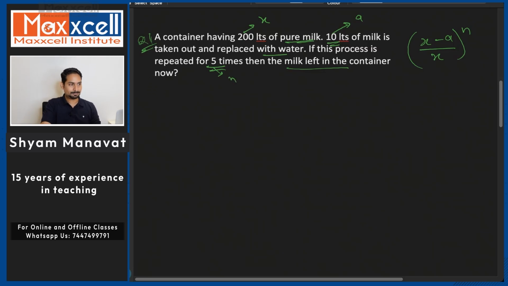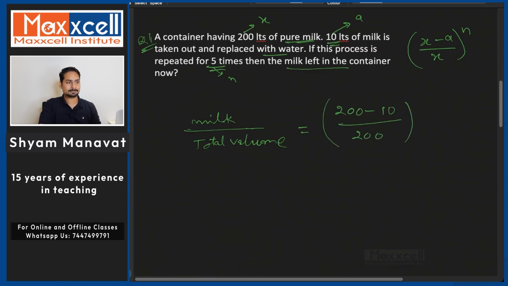So the milk left now divided by the total volume after 5 attempts should be equal to (200 minus 10) divided by 200, to the power 5.